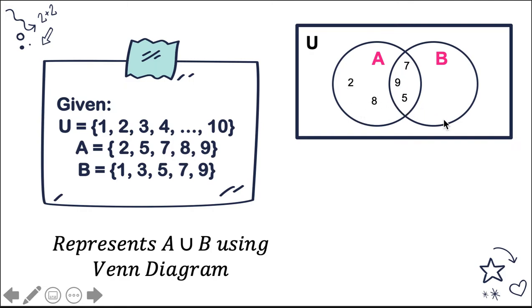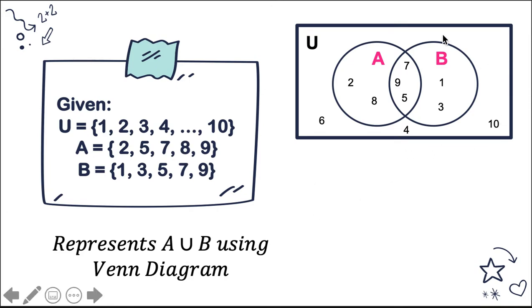Then the elements in set B which are not part of set A are 1 and 3. And lastly, we write all the numbers in the universal set which are not part of set A and set B, and those are 6, 4, and 10.